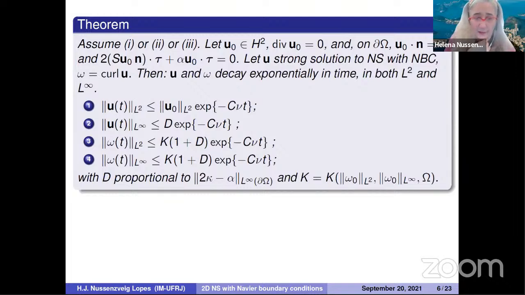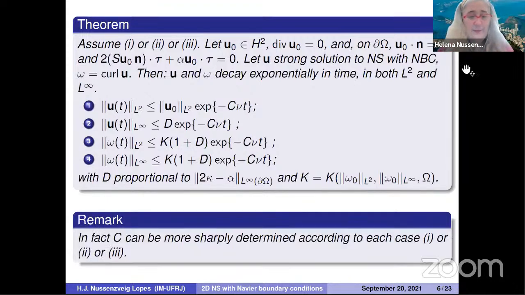In other words, the greater the friction or the greater the curvature, the more decay you have, but only as a coefficient. This is to linear order. It is possible to make these constants C more precise, and they're different for cases 1, 2, or 3. But for the purposes of this talk, we can just take the minimum of them.